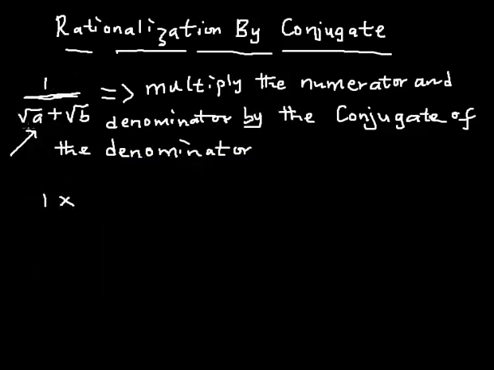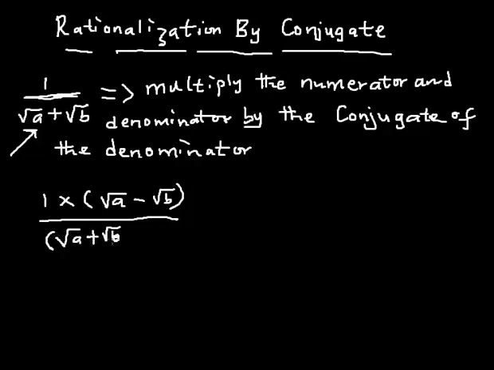What's the conjugate of this denominator? That's root a minus root b, so I put that in a bracket. Then whatever I do to the numerator, I also do to the denominator. So the denominator, where I have root a plus root b, I'll multiply by its conjugate, which is root a minus root b.